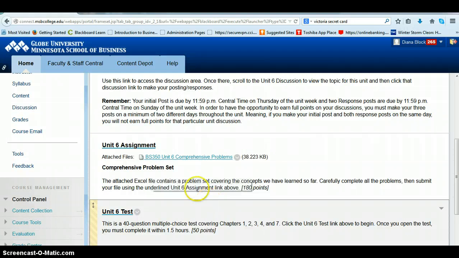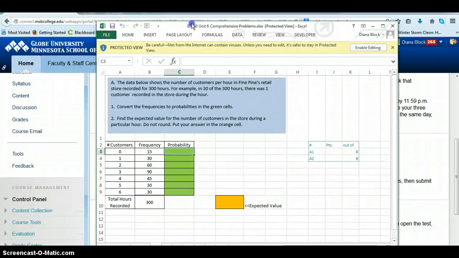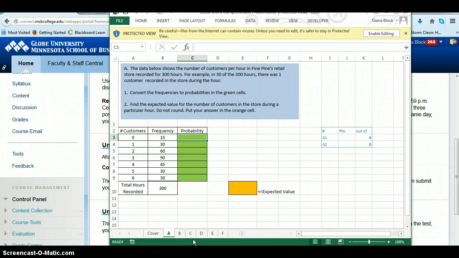Let's see where they are. Here they are. Let's grab those. And the first thing we've got here is problem A, and you're supposed to calculate probabilities and expected values.